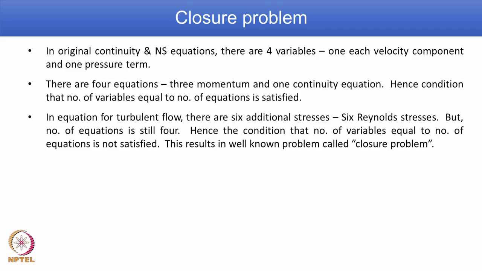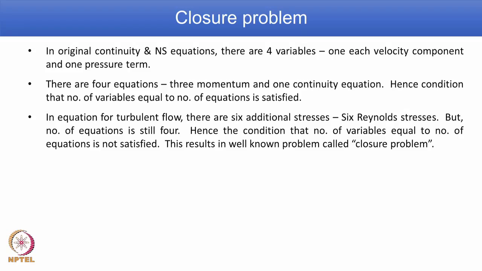In the equations for turbulent flow, as we just learned, you still have 4 basic variables, that is 3 mean velocities and mean pressure. In addition, you have 6 Reynolds stress terms, but the number of equations remains 4. Hence, the condition that the number of variables equals the number of equations is not satisfied, and this results in the well-known closure problem.